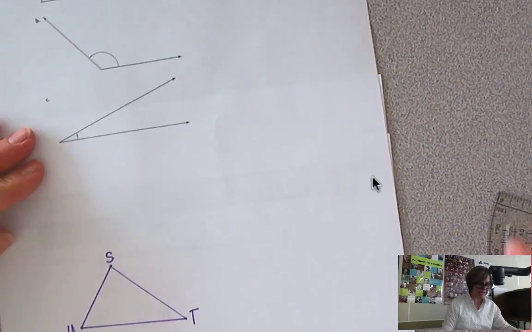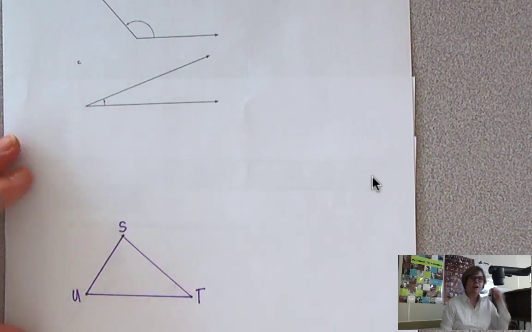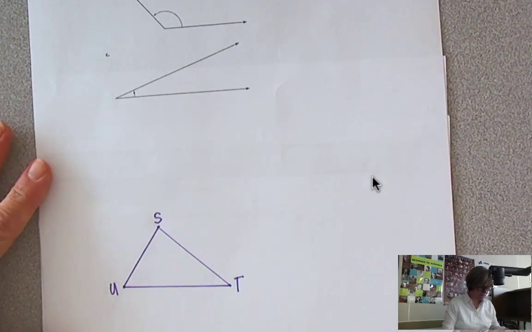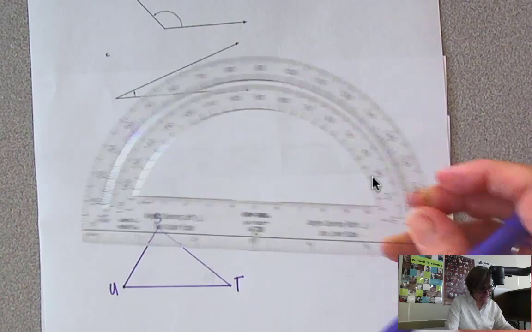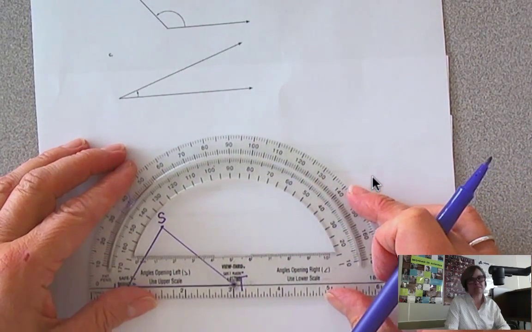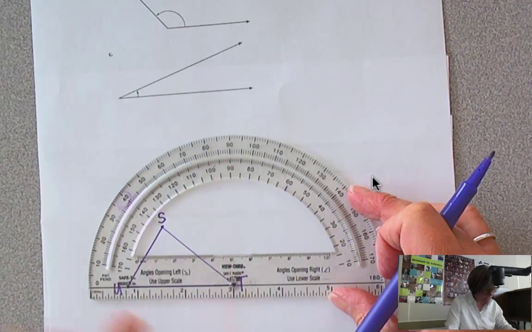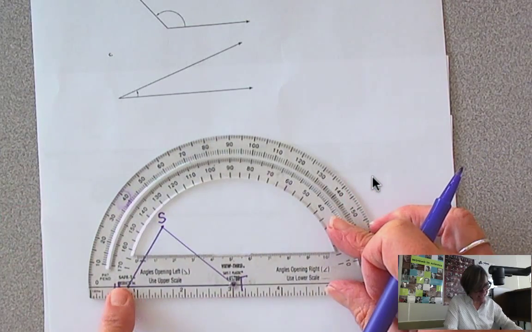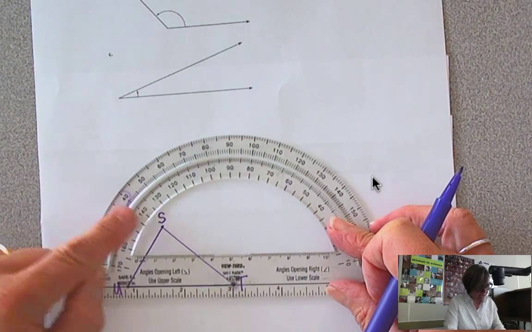Let's use our protractor one more time to measure the angles within this triangle. The first thing I'm going to do is line up the protractor using the T as my vertex. I'm going to line up my initial side as T to U, and I'm going to use T to S to help me find the measurement of this angle.